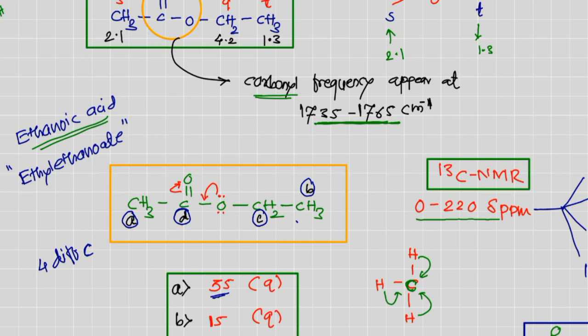So the number of hydrogens plus 1 is the multiplicity of that carbon. The first signal A is expected at about 35 chemical shift, and the quartet is due to the 3 hydrogens, so we can apply the n plus 1 rule here.